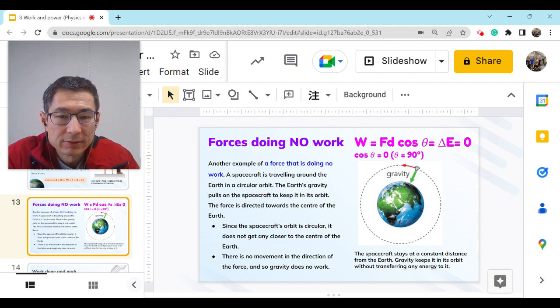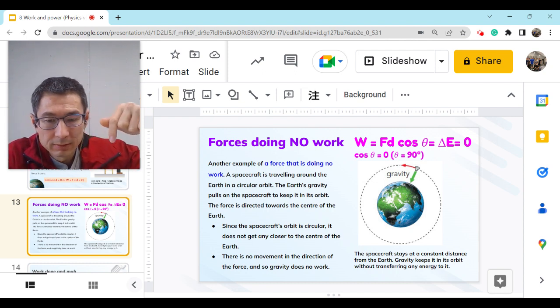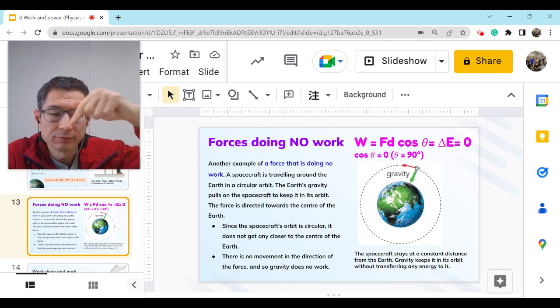Another example of a force that is doing no work is a spacecraft traveling around the Earth in a circular orbit. The Earth's gravity pulls on the spacecraft to keep it on its orbit. The force is directed towards the center of Earth.